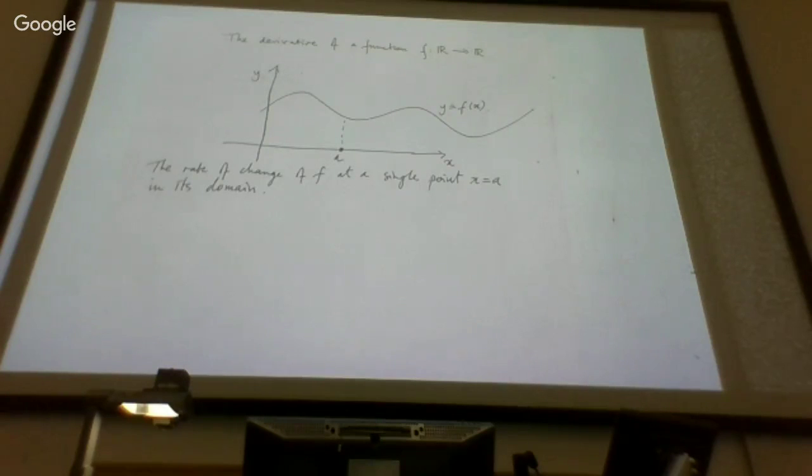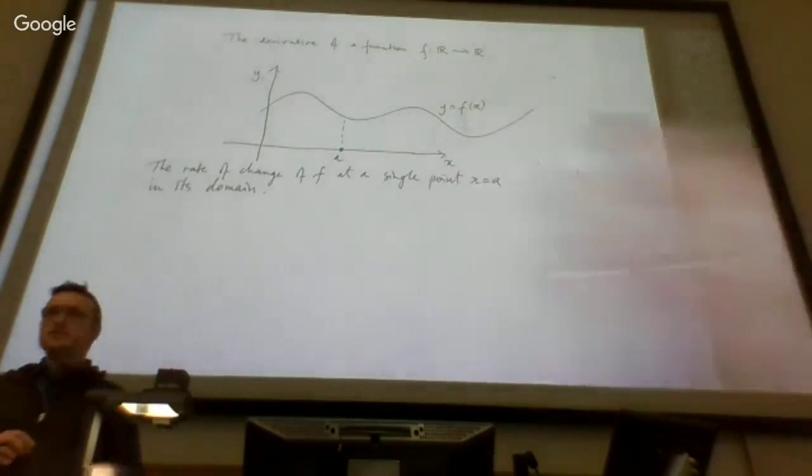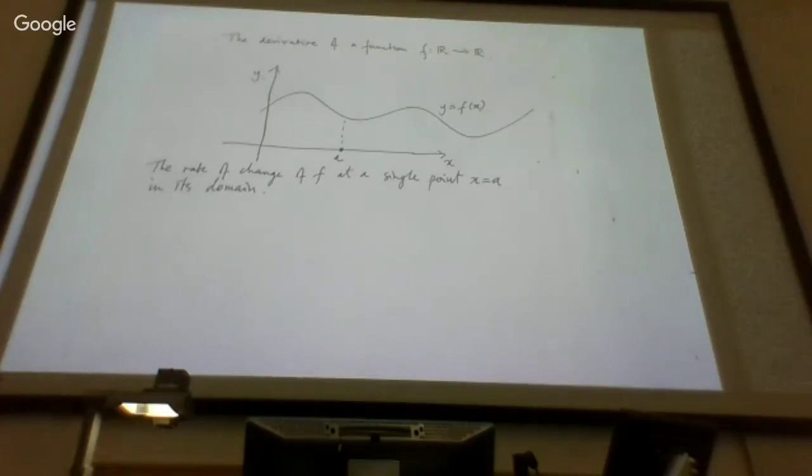oftentimes, whatever the scientific principles or laws are, when you impose those on the model, they give rise to differential equations. Equations featuring the described functions and their derivatives. And a one sentence definition of what mathematical modeling is: setting up these differential equations and solving them.